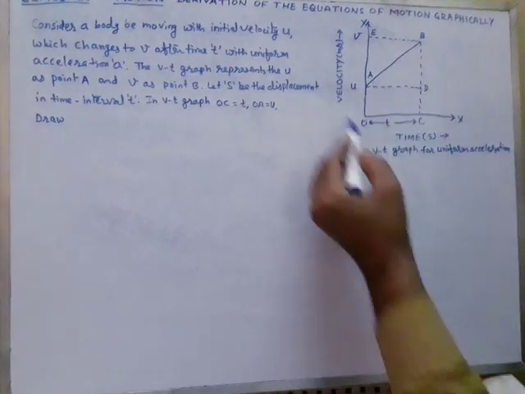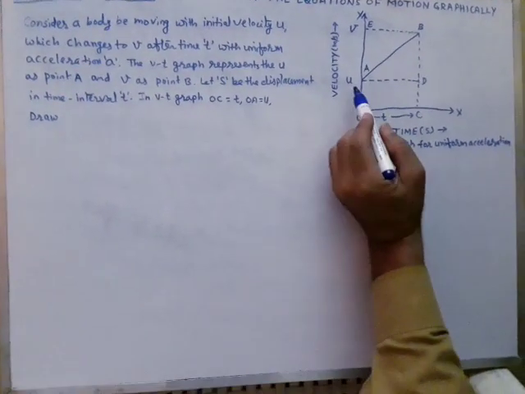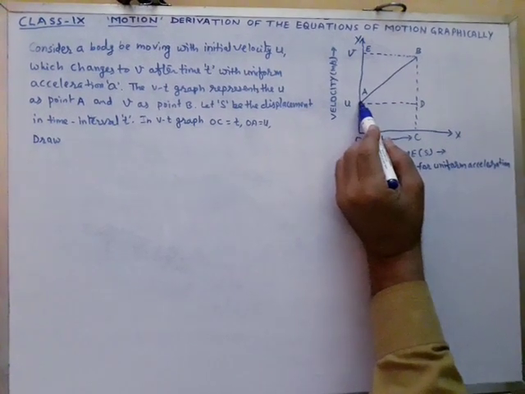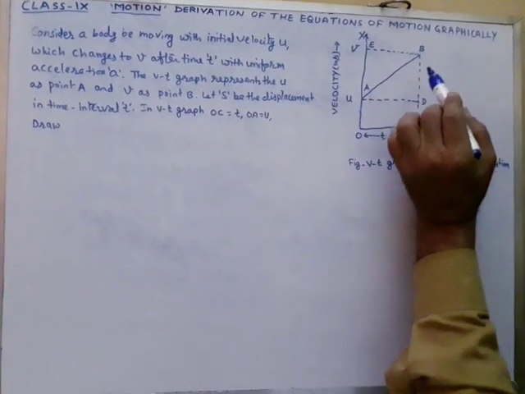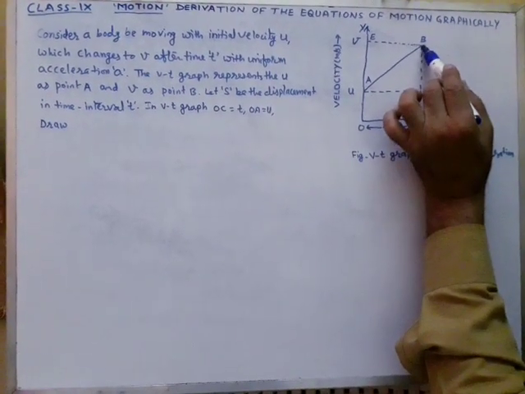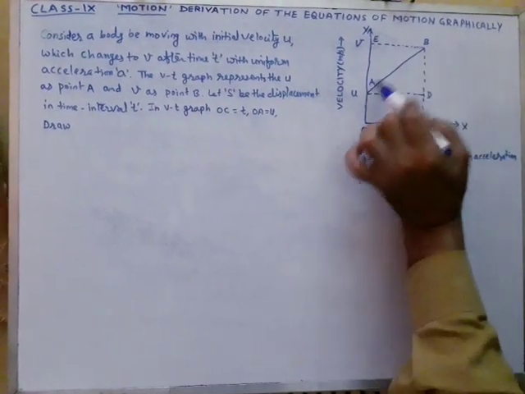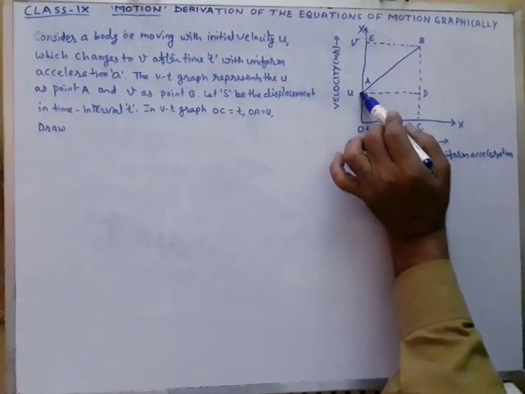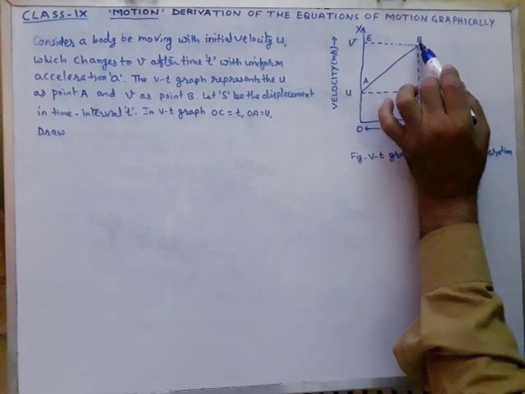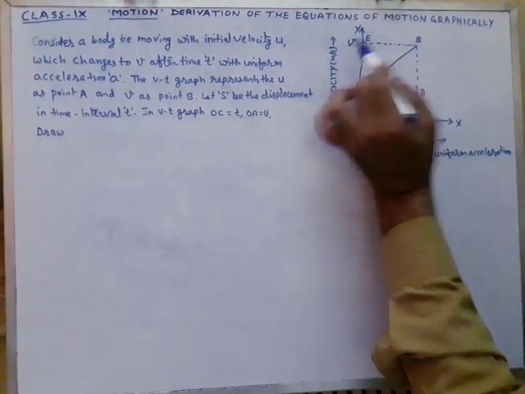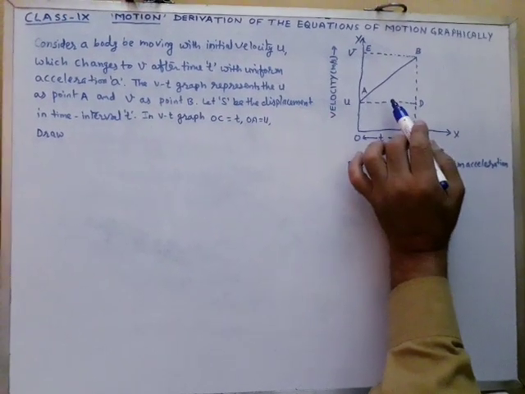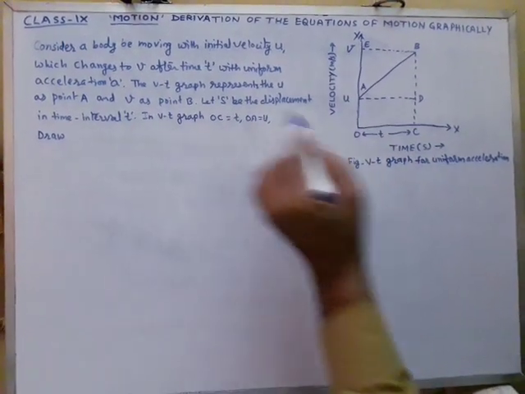The velocity-time graph represents u as the initial velocity at point A and the final velocity v at point B. Let S be the displacement during time interval t.